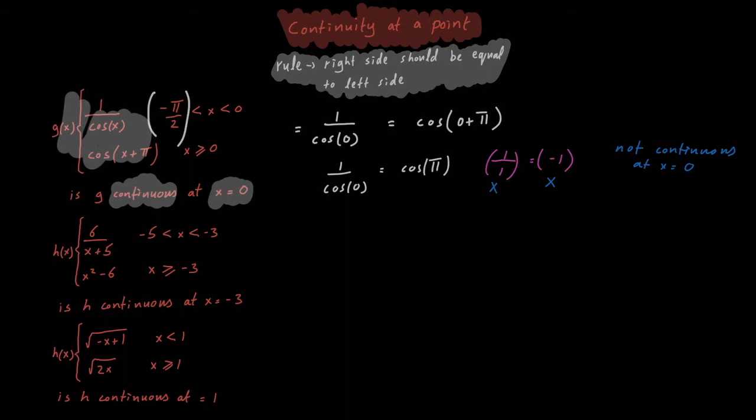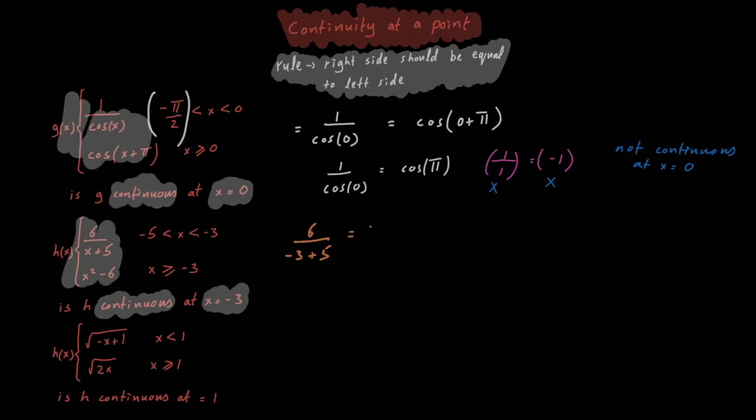Question 2. There are two equations and there's the word continuous in the question and x is equal to -3. So I'll simply substitute -3 in the equations and see if the left side is equal to the right side. So on one side we have 6 divided by -3 plus 5, and on the other side we have 3 squared minus 6.